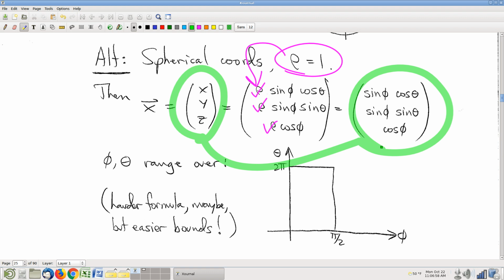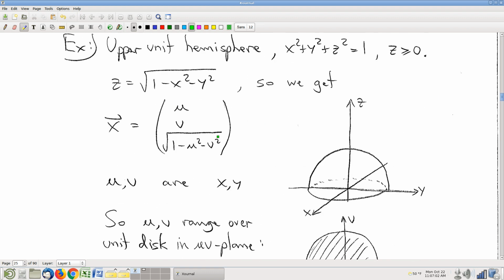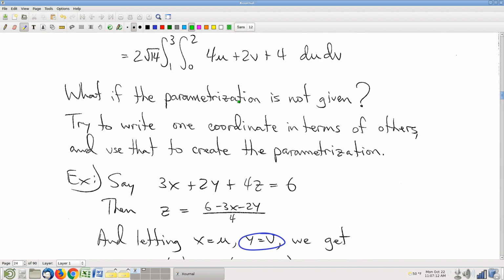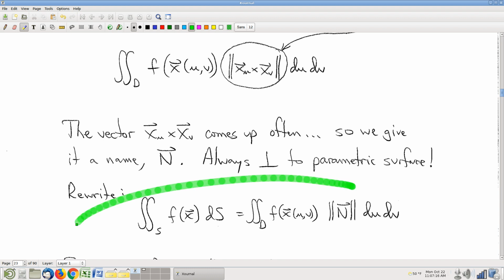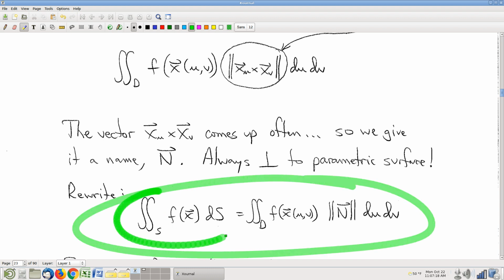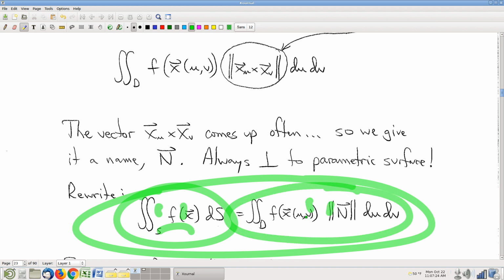Okay. Yep. So for the previous example with the hemisphere, what does the reparameterization tell us that we can't do? Oh yeah. So in order to be able to compute a surface integral by this formula that we have here. Right, so this formula here takes a surface integral that I otherwise don't know how to compute, and it rewrites it as a double integral, a chapter 14 style double integral that I do know how to compute.